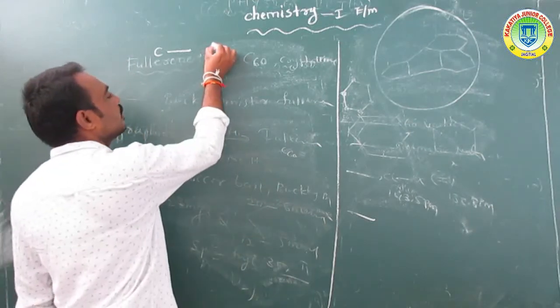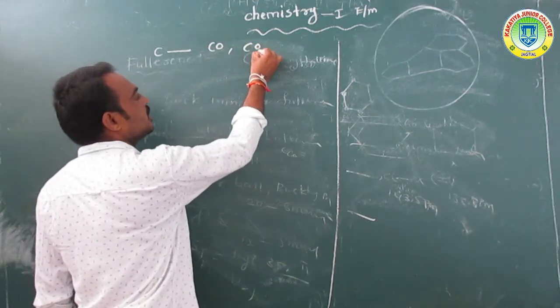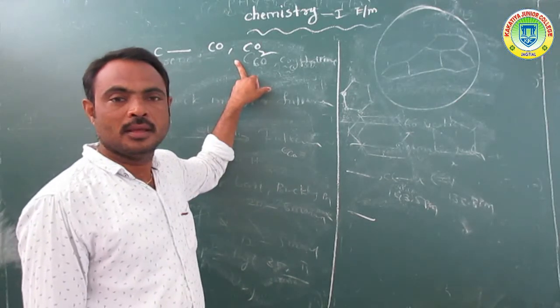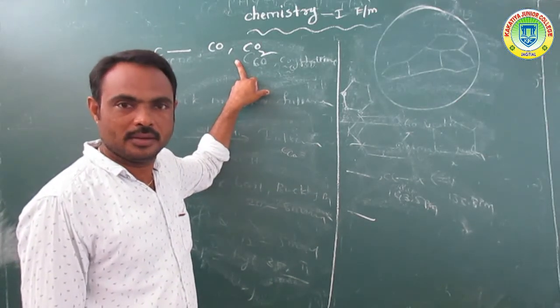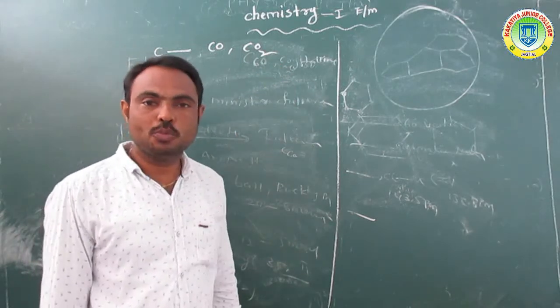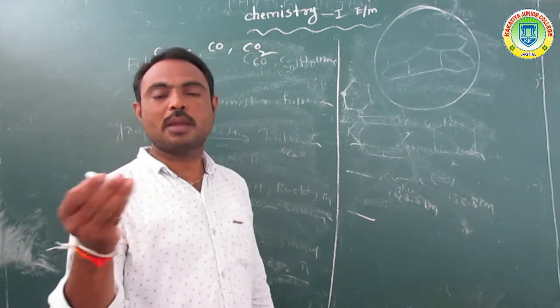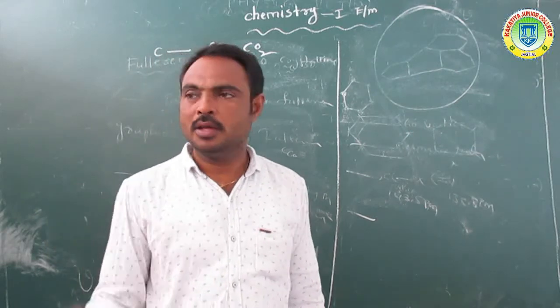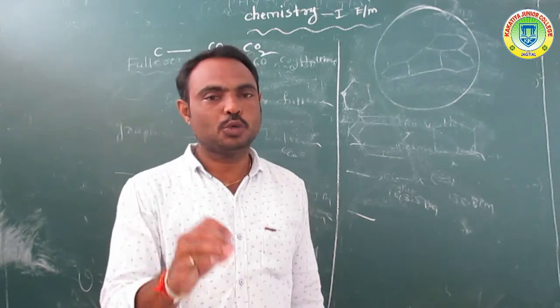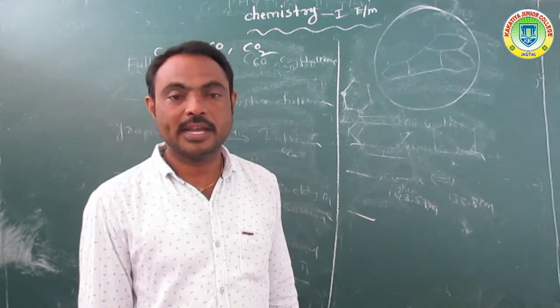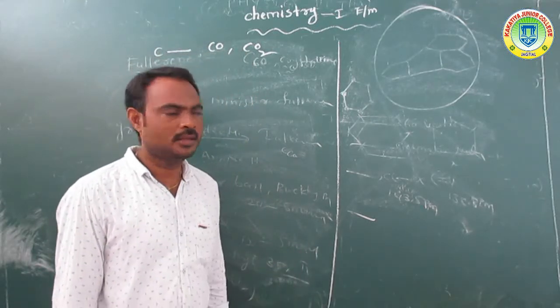One is CO and the next one is CO2. CO means carbon monoxide and CO2 means carbon dioxide. So carbon forms how many types of oxides? Mainly two types of oxides. Number one, monoxide, and second one, dioxide.